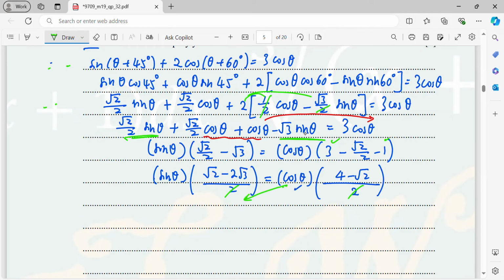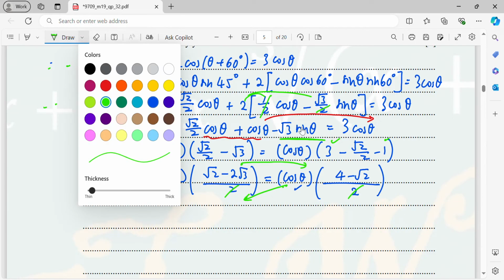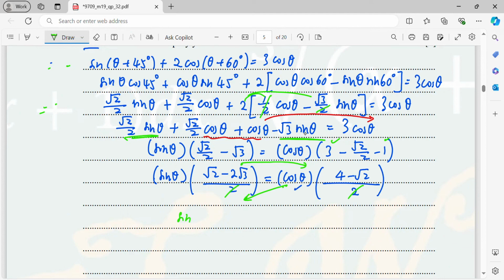The cos theta move to the right side, to the left side, and then this numerator move to right side, becomes divide. So which means now I will be getting sin theta over cos theta, then equals to 4 minus square root 2 over square root 2 minus 2 square root 3.